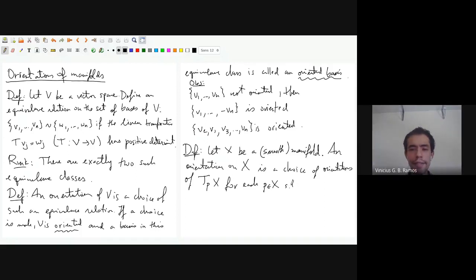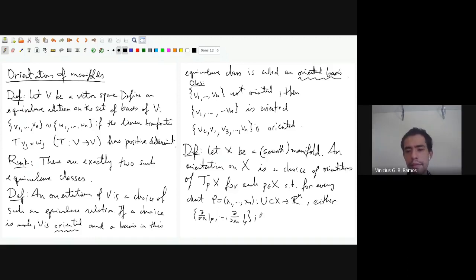So what you require is that for every chart (x1, ..., xn) that goes from U to R^n, you have that either (d/dx1, ..., d/dxn) is oriented for every p in U, or it is not oriented for every p in U.